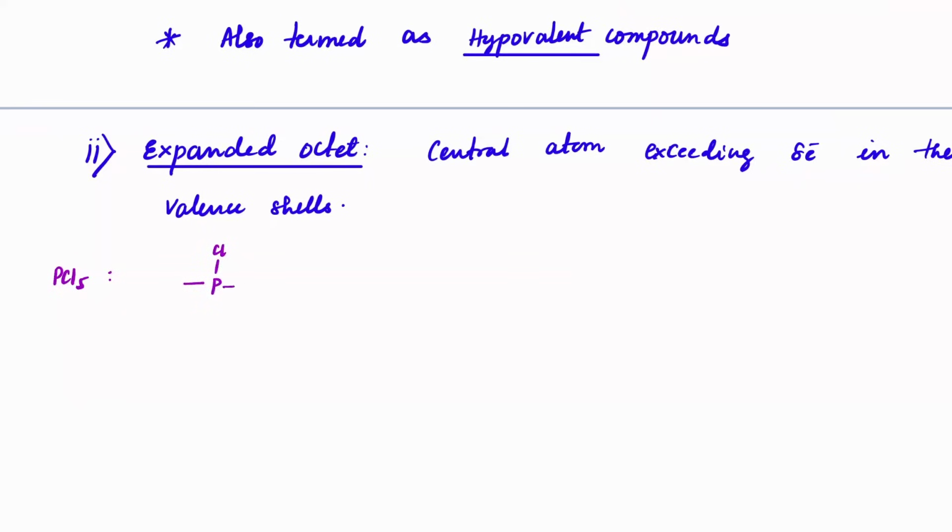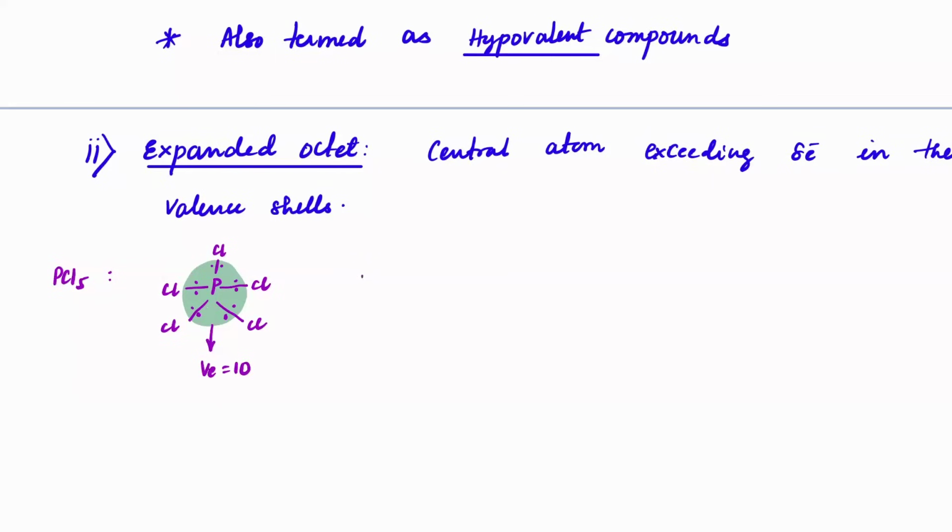To accommodate 5 chlorines, phosphorus has to make 5 bonds, at least one single bond to each. So count the number of electrons around phosphorus now. Within the vicinity of phosphorus, there appear to be a total of 10 valence electrons. So 10 valence electrons means it is overshooting the octet form. Now P has 10 valence electrons.